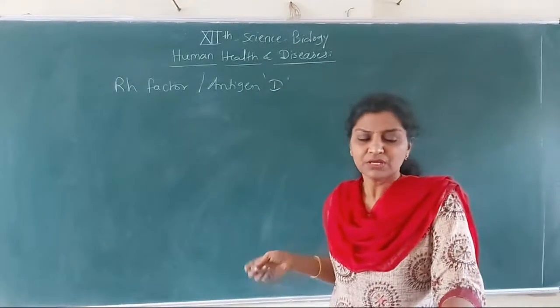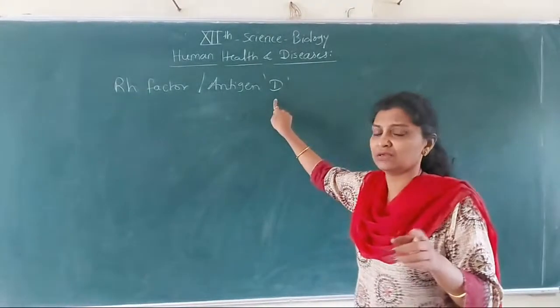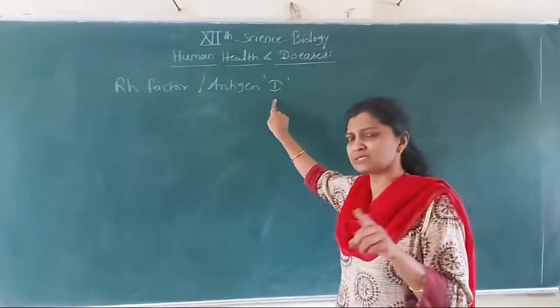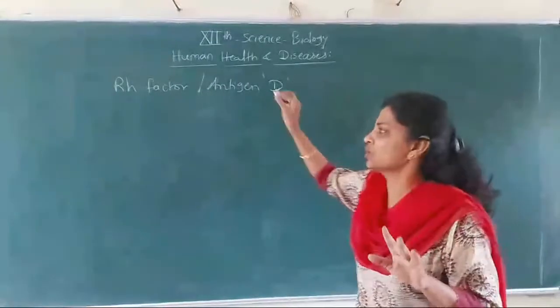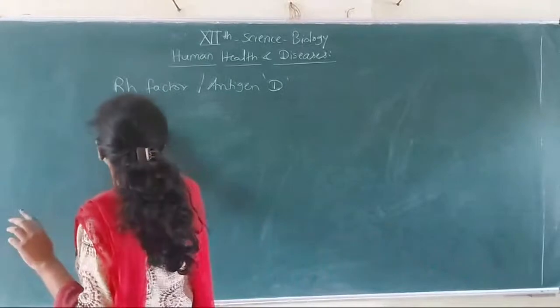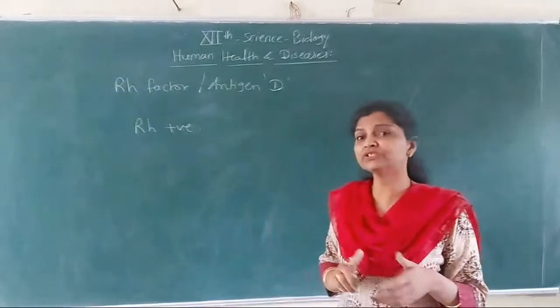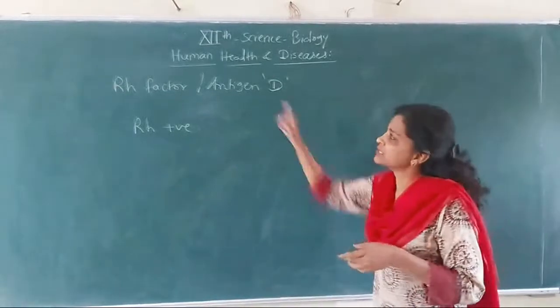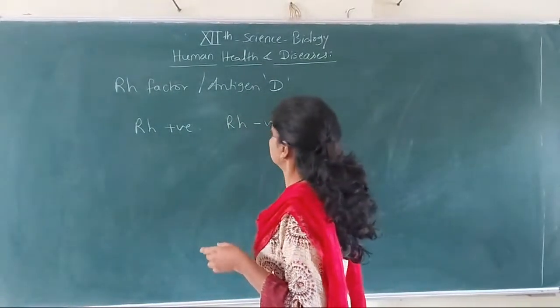Okay. So the person having this antigen, the individuals in whom antigen D is present, what do we call them? RH positive. Okay, and the individuals which do not have this antigen, they are called RH negative.